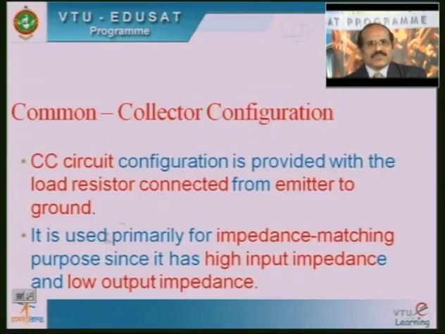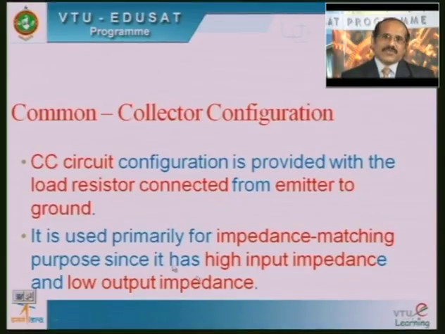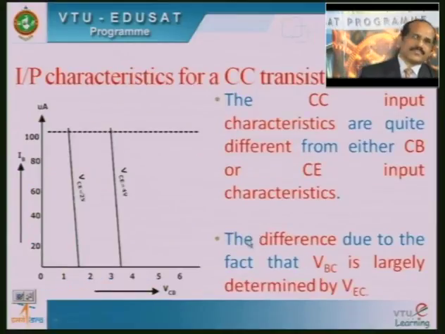It is used primarily for impedance matching because it has very high input impedance, very low output impedance, voltage gain of 1 and very high current gain. It is because of these 4 parameters that it is used as an impedance matching device.